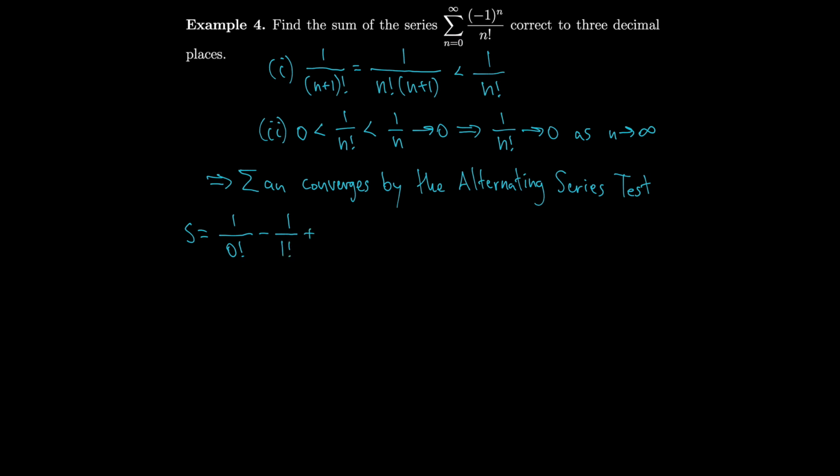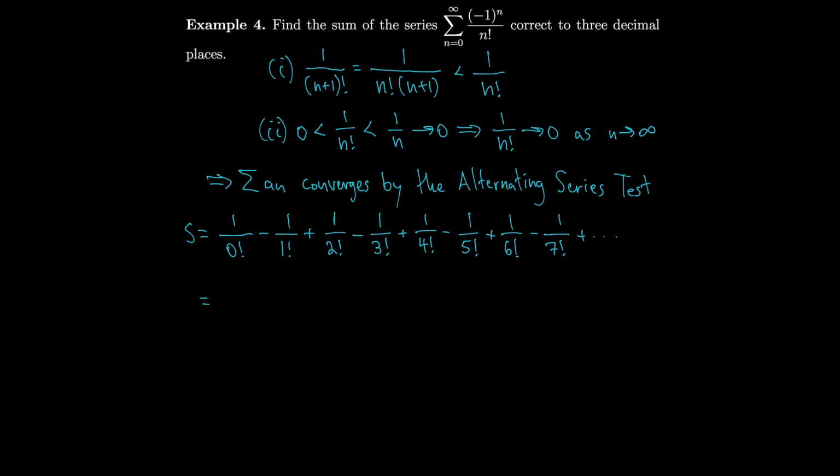And then 1 over 1 factorial, 1 over 2 factorial. Should have a minus over here for this next one because it's alternating. 1 over 3 factorial, 1 over 4 factorial, minus 1 over 5 factorial, plus 1 over 6 factorial, minus 1 over 7 factorial. 7 factorial is pretty big though, so how about we stop there.